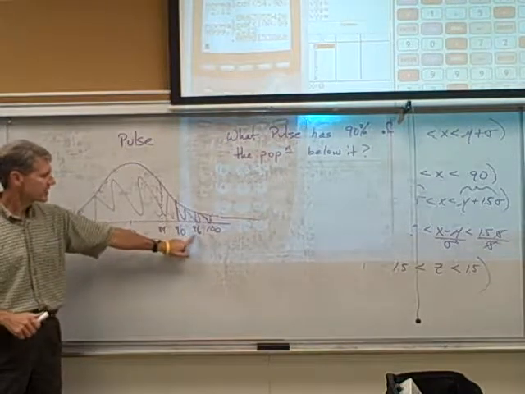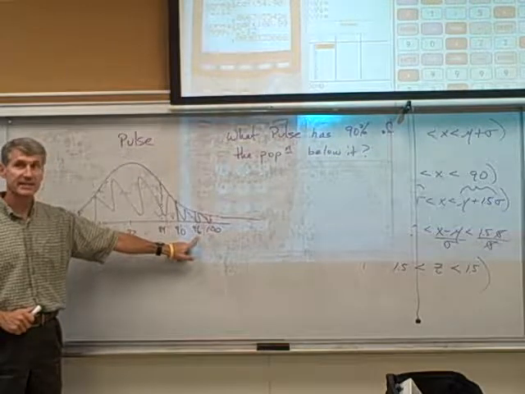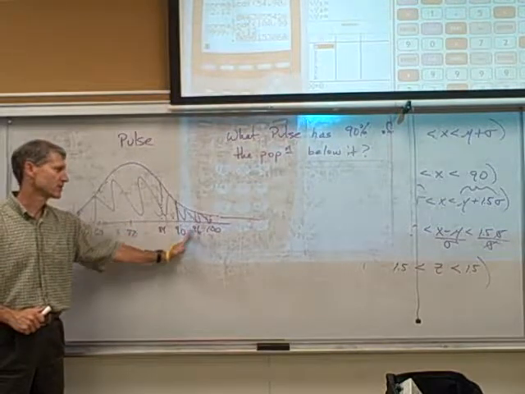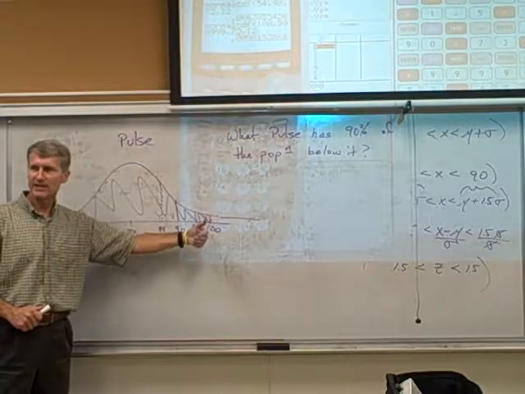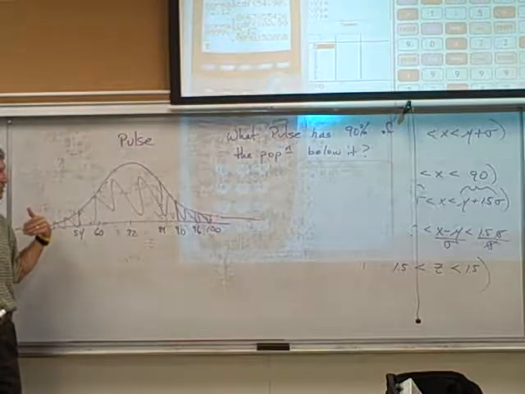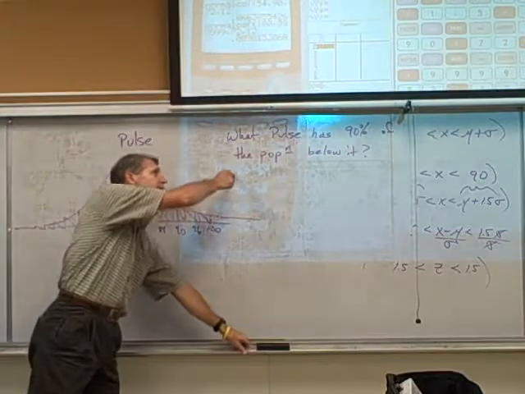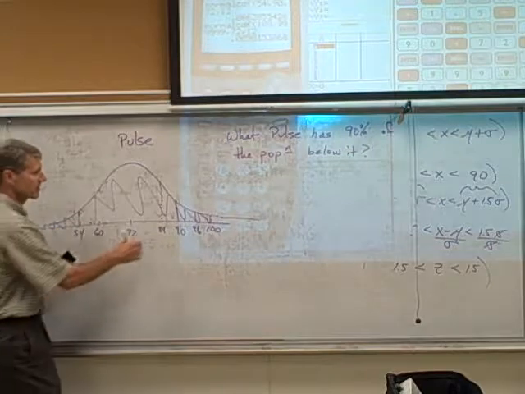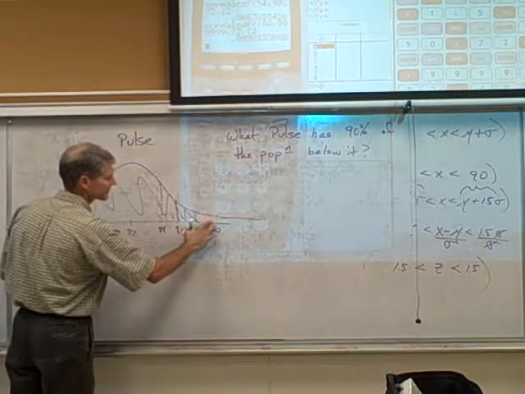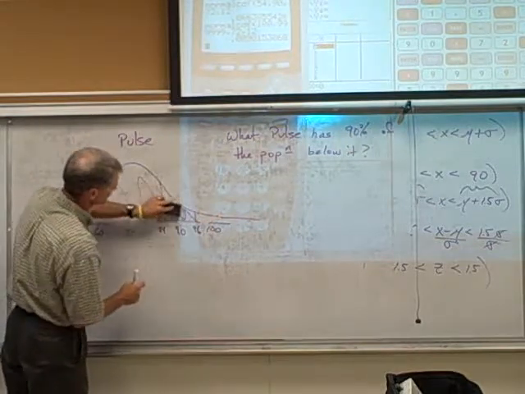Well, I know if I go 2 standard deviations, I have 97.5% of the population below it. Because a minute ago we said, well, 2.5% would be above it, so 97.5 would be below it. So where's my ballpark idea of this answer? 90%. Is it going to be bigger than 96 or smaller than 96? Smaller than 96.